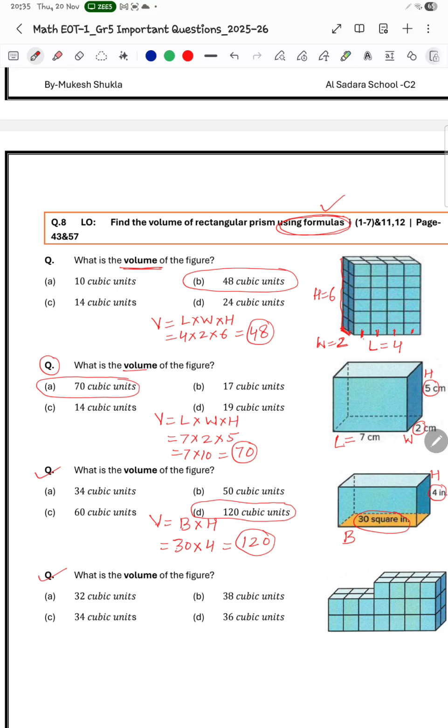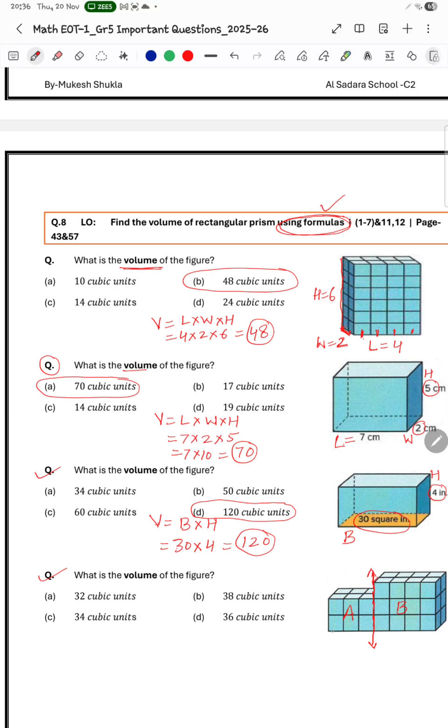The next question is also a composite shape. So as I told you, in the composite shape, we are going to cut it. So let's cut it vertically this time. If I cut it like this, I will get one block here, A, and another block here, B. So just find the dimensions.